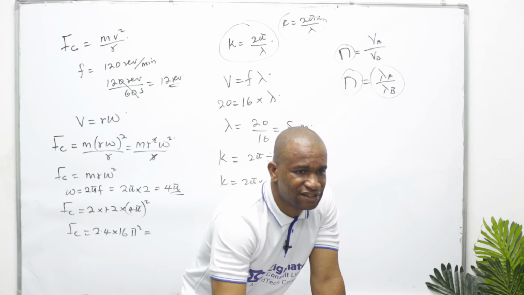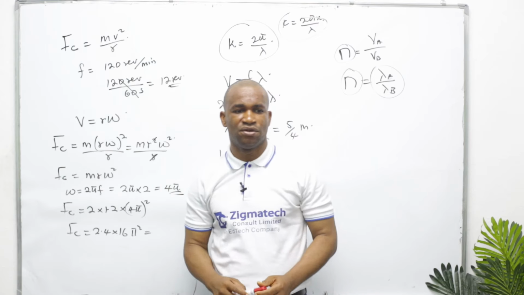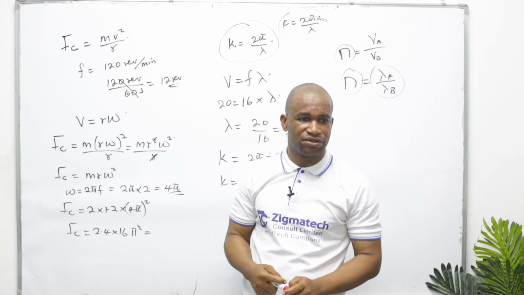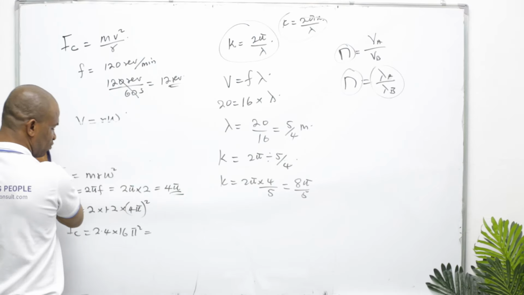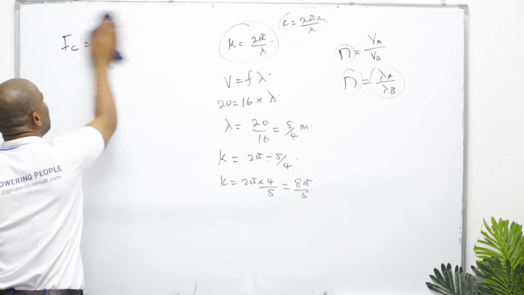track made of steel has a length of 55 meters when the temperature is 0 degrees Celsius. What is the length on a hot day when the temperature is 40 degrees Celsius? So this question should be under linear expansion.